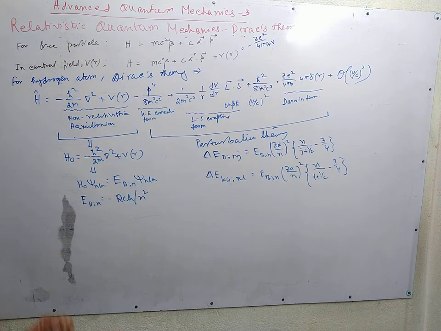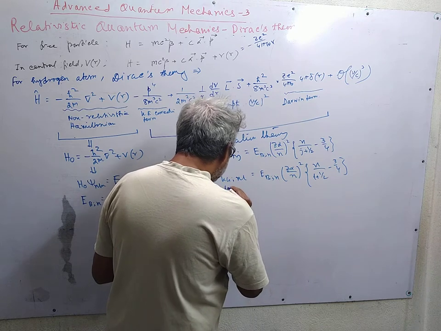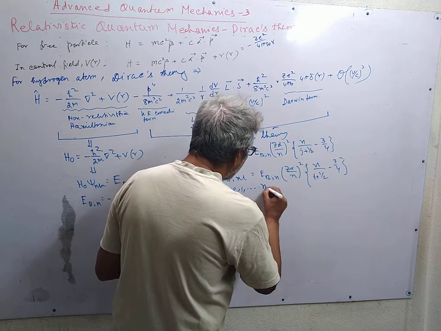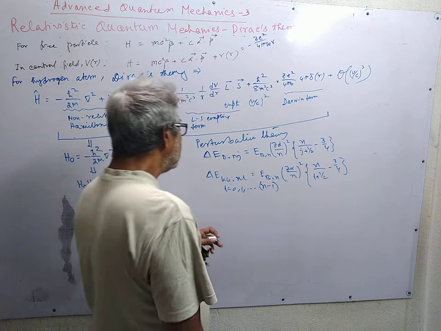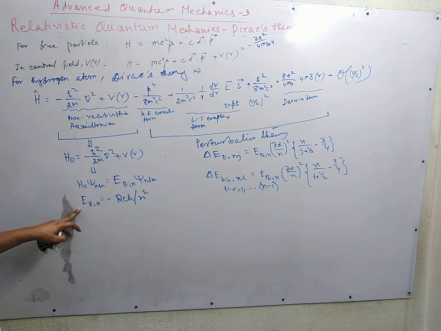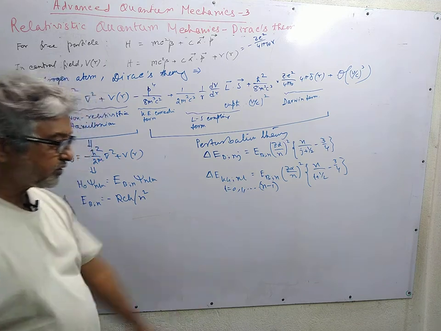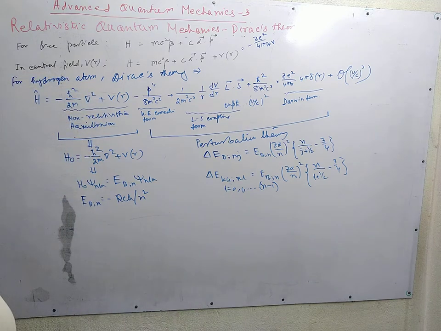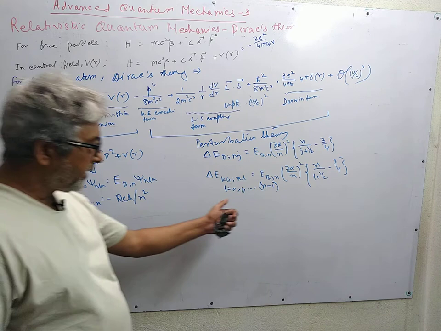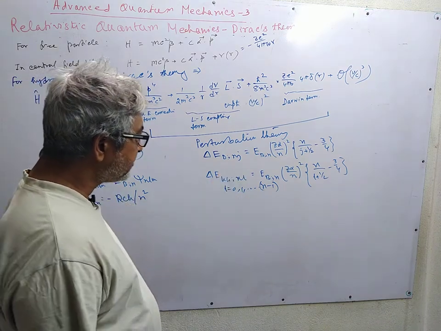We see that for a given value of n, the possible values of l were 0, 1 up to n minus 1. So this energy was degenerate. Bohr's energy levels were degenerate with respect to l and m, but the l degeneracy, even for central potential, even for Coulomb potential, is resolved in Klein-Gordon theory and also in Dirac theory.